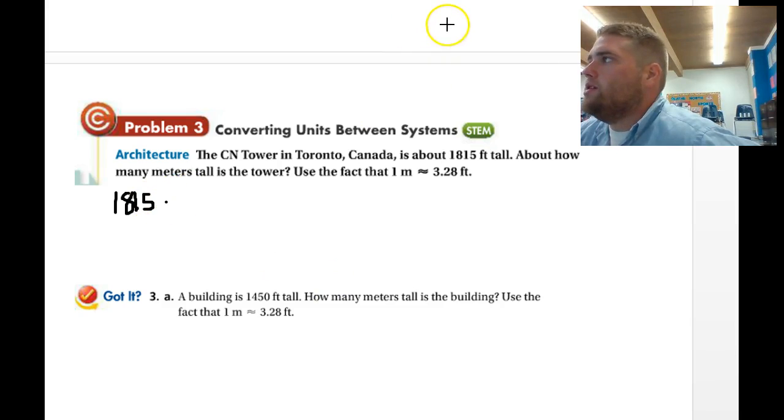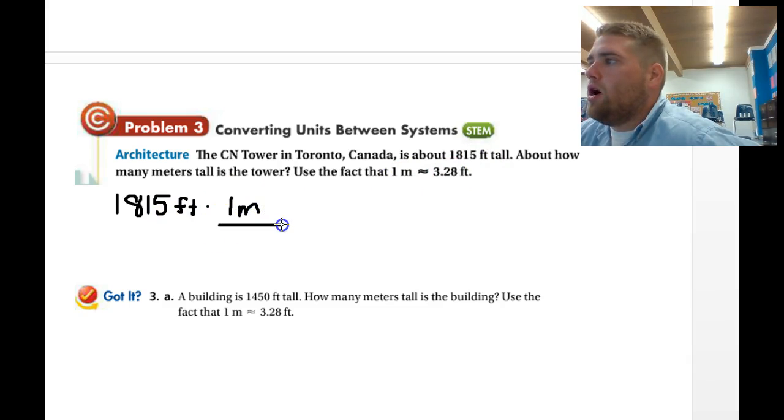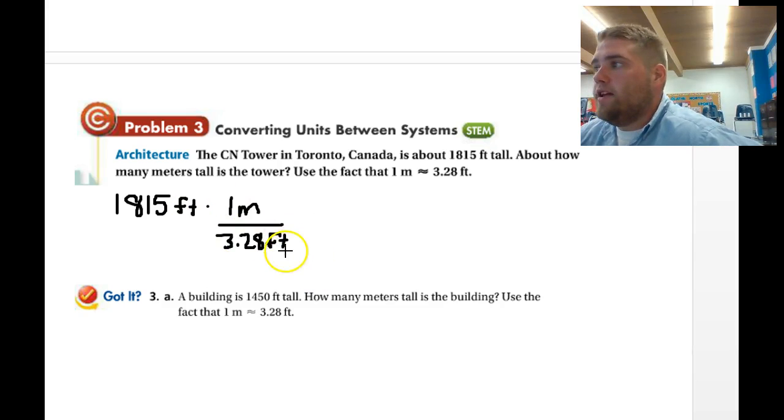Oh, excuse me, let me erase and start over. So I know the tower is 1,815 feet tall, times, well, I know that 1 meter is approximately 3.28 feet. So I have feet on top and feet on the bottom, so my feet cancel.